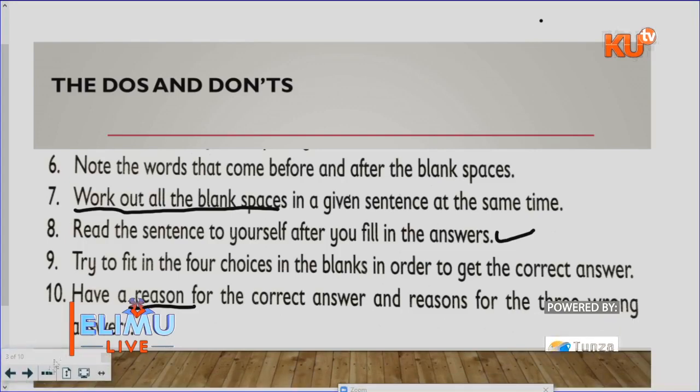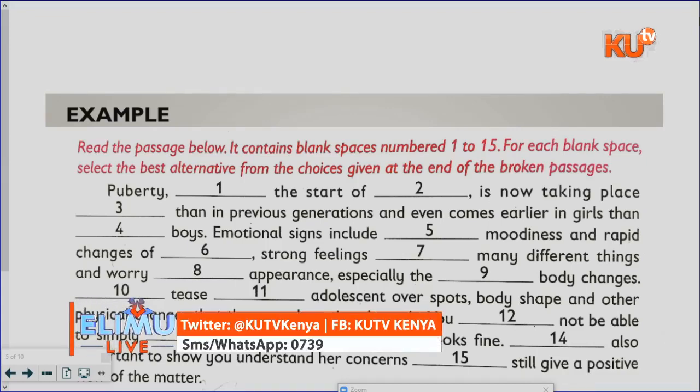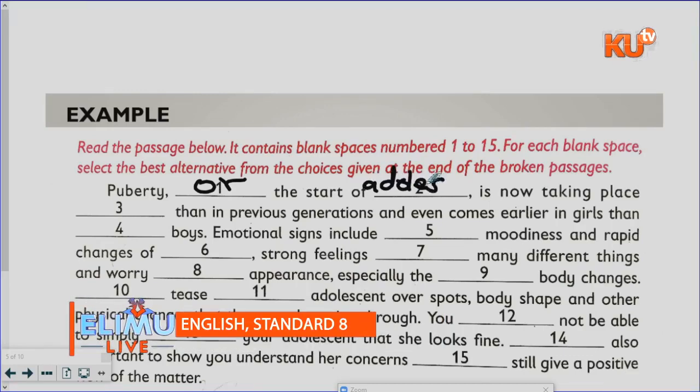So an example here: puberty dash the start of dash. So you come and write it here, puberty or, then you fill in there, or the start of, and if your choice is adolescence, then you come and write it there, the start of adolescence.